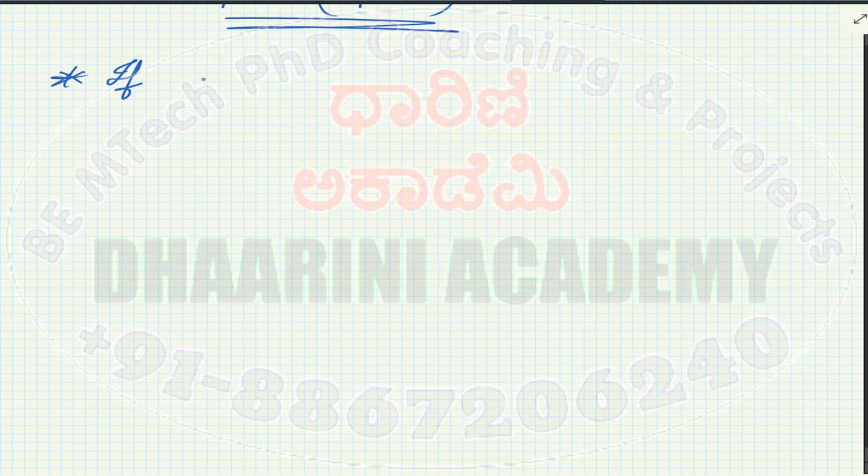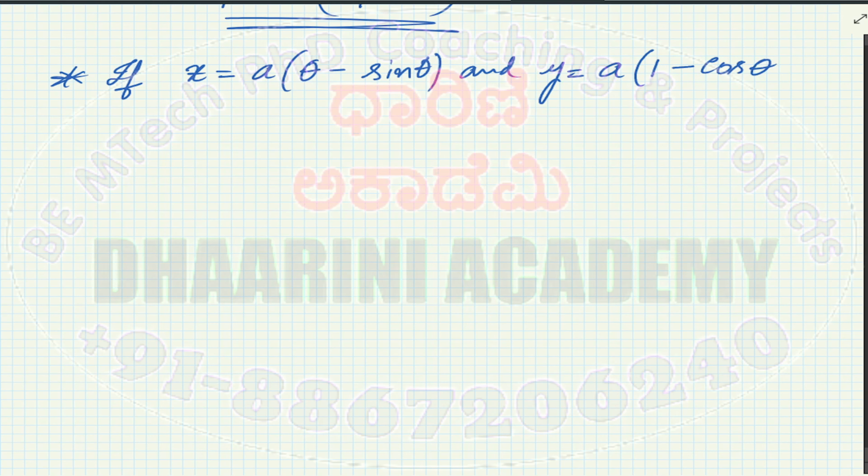If x is equal to a into (theta minus sine theta), and y is equal to a into (1 minus cos theta), then find psi, ds by dx and ds by dy.